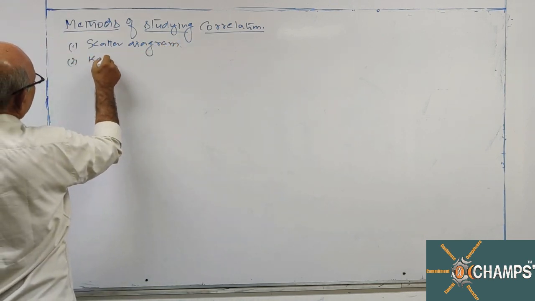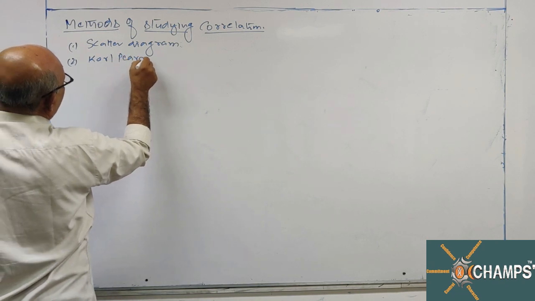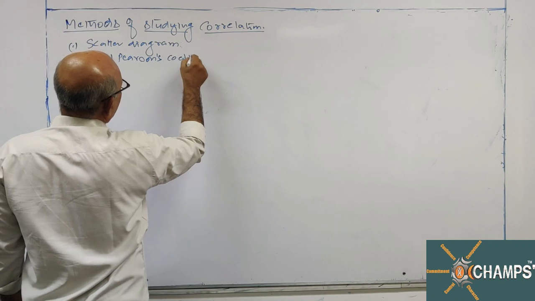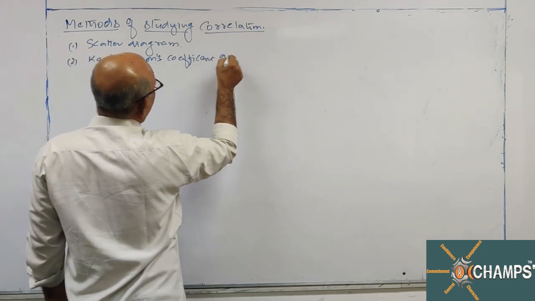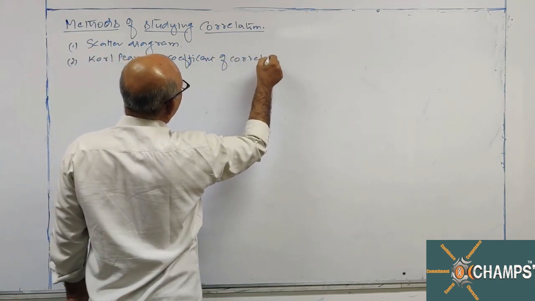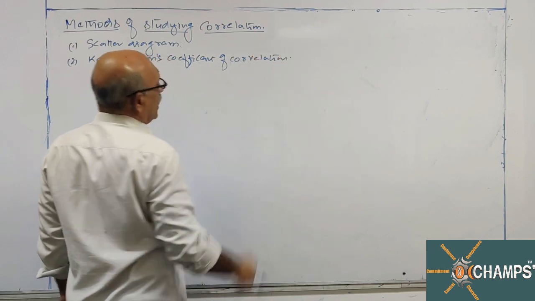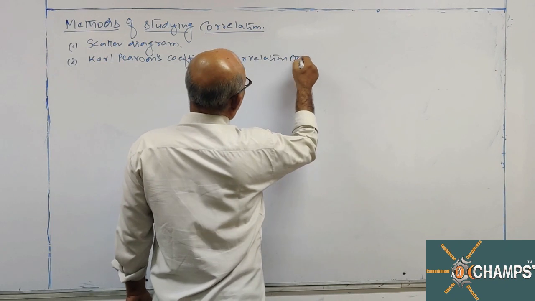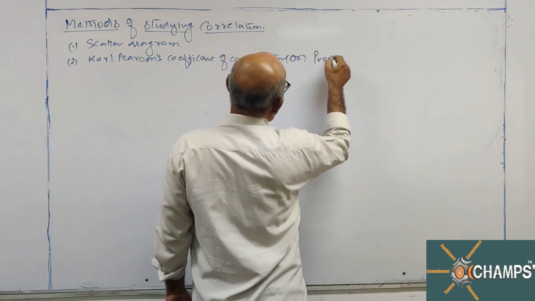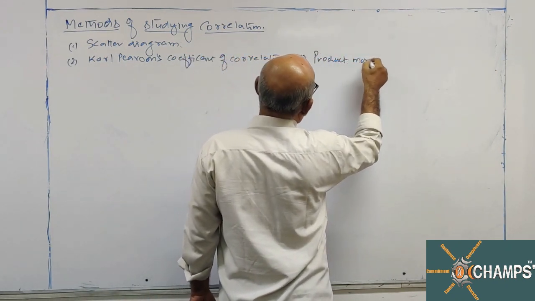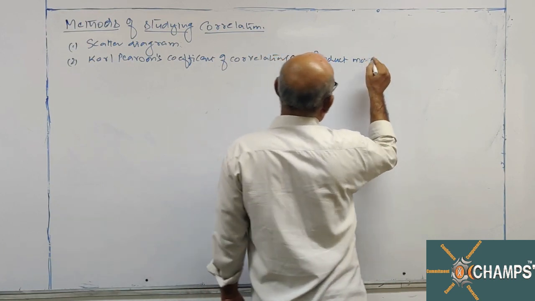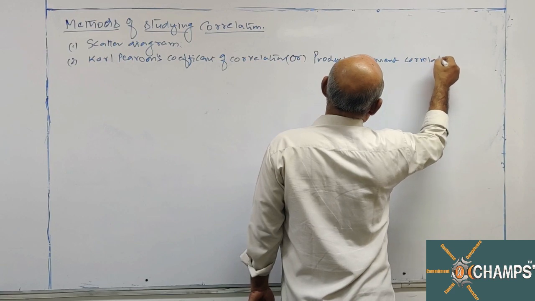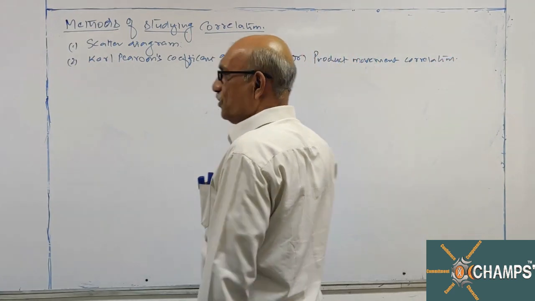Second one is Karl Pearson's coefficient of correlation, or product moment correlation.